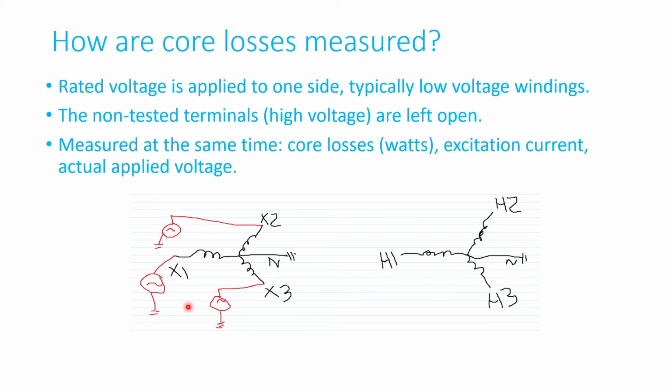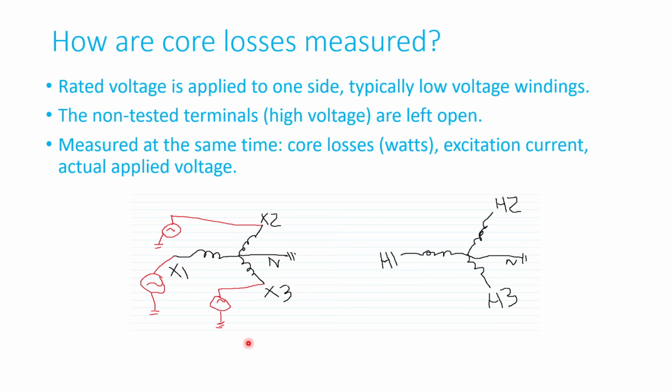So how are core losses measured? Just for simplicity purposes, I'm assuming this is a 2-winding transformer. Obviously, you have autotransformers, 3-winding, 4-winding, 6-winding, delta-Y, so there are lots of combinations.